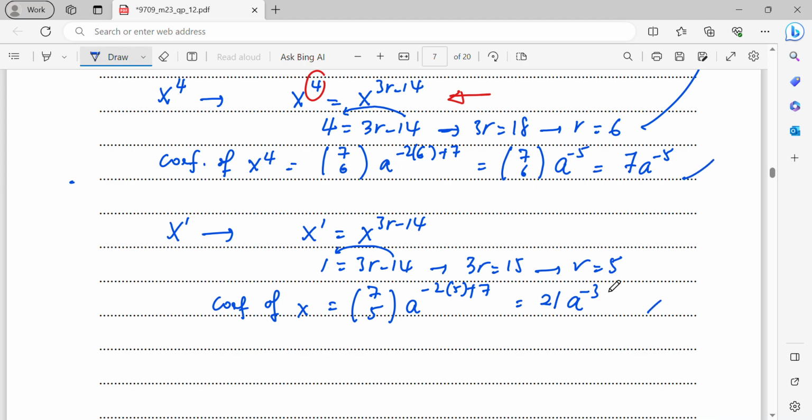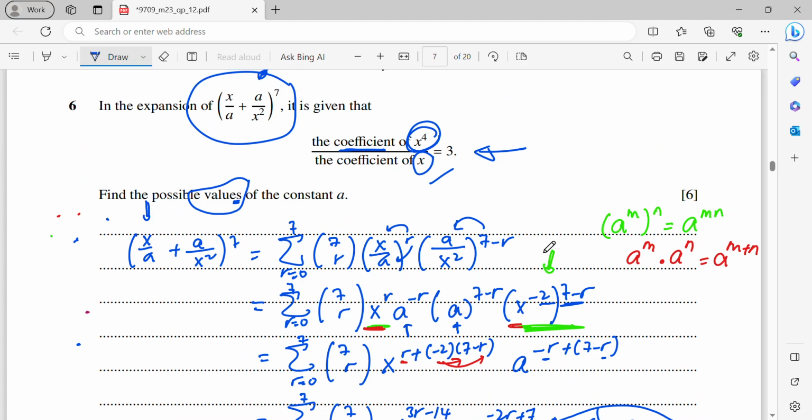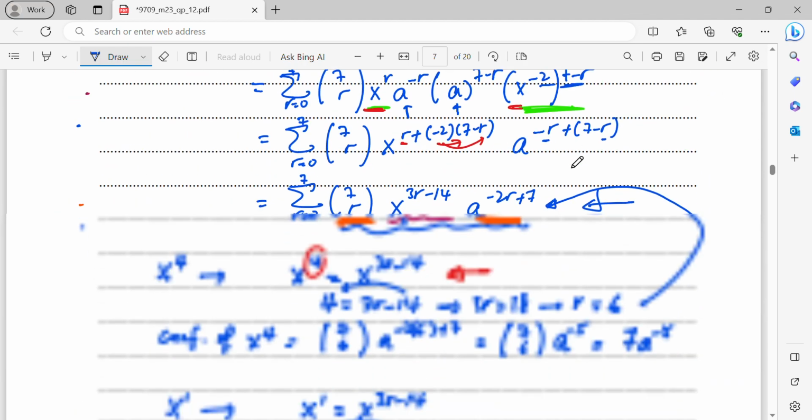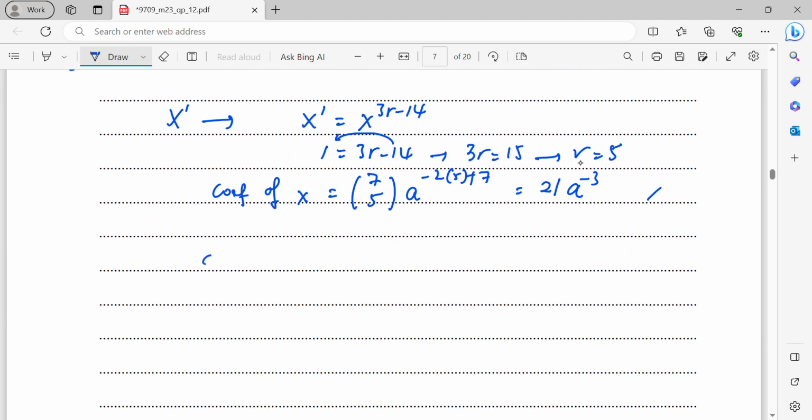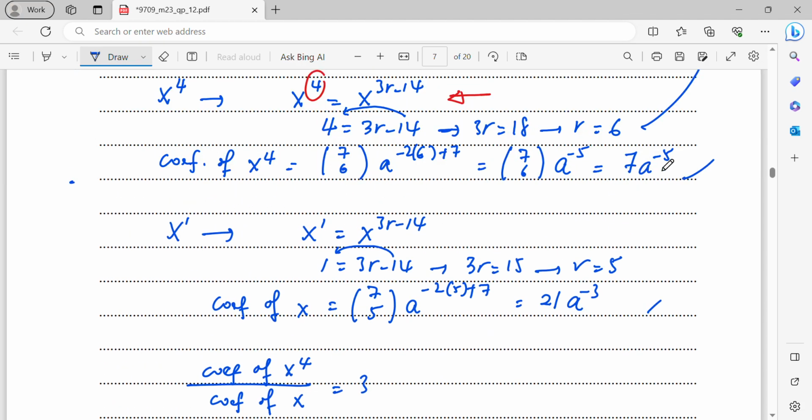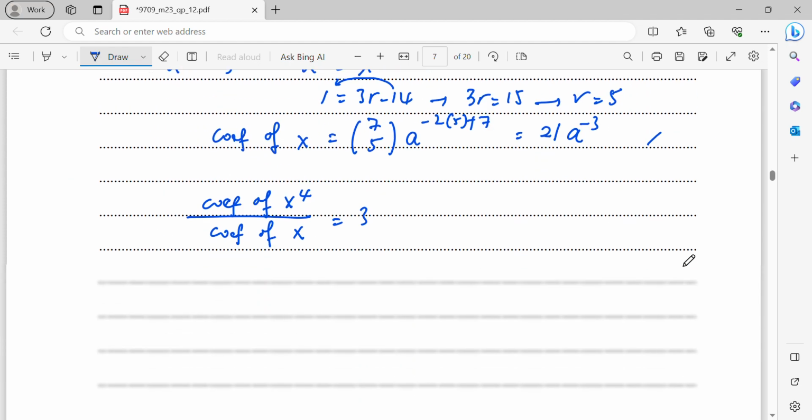And now I'm going to substitute these two coefficients into the given form here. The division of both coefficients equals 3. So now the coefficient of x to the power 4 divided by the coefficient of x equals 3. So the coefficient for x to the power 4 is 7a to the power negative 5.